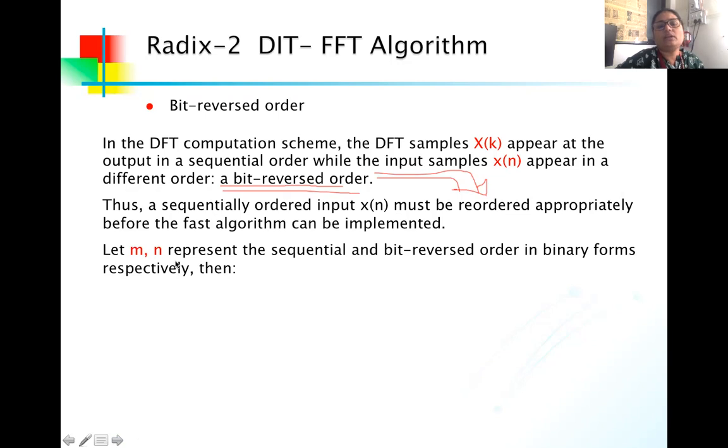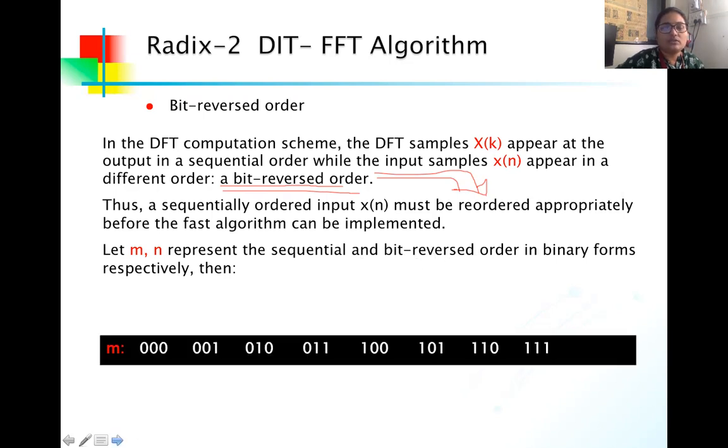Let m and n represent the sequential and bit reversed order in binary forms respectively. We have taken the two variables m and n. M represents the sequential order, and n represents the bit reversed order. So here it is shown that m is in sequential order.